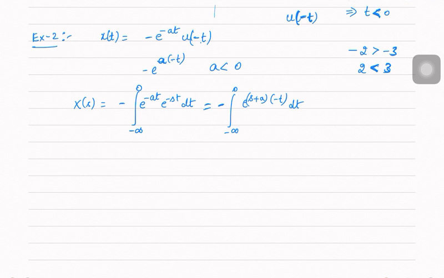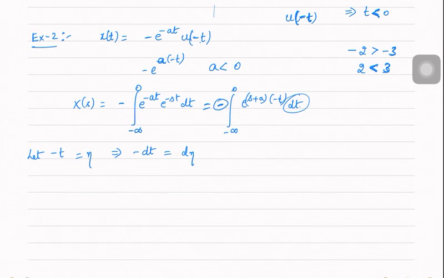I'm going to let minus t be equal to eta, which means minus dt will be equal to d eta. So minus dt becomes d eta, and minus t becomes eta.